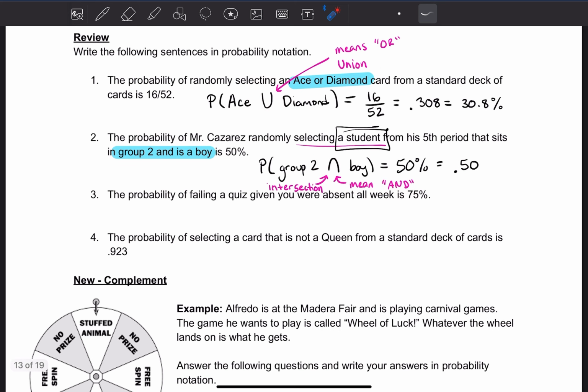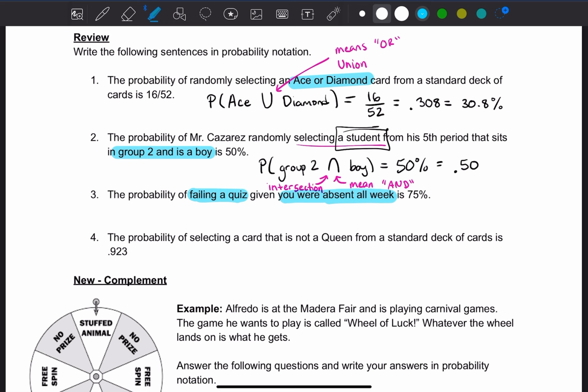The probability of failing a quiz given you were absent all week is 75%. All right, so let's go ahead and highlight the outcome. So here, the probability of failing a quiz is an outcome, but we have a little bit more information. We were given that you were absent all week.